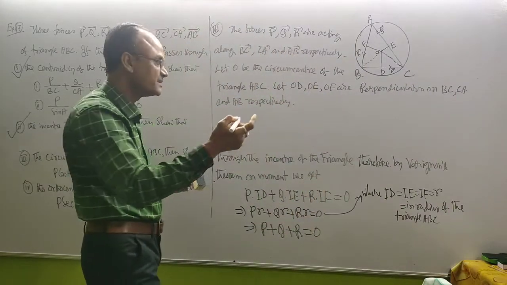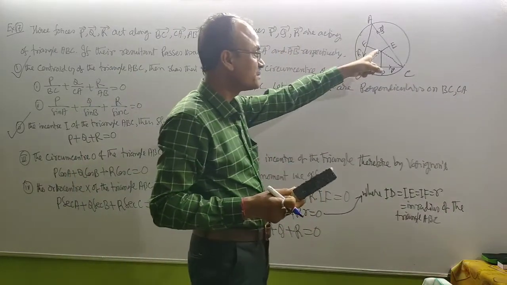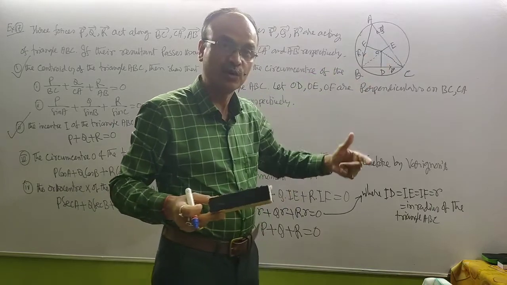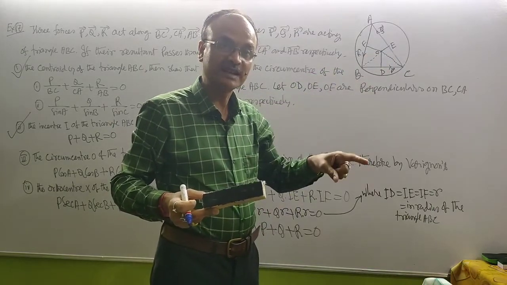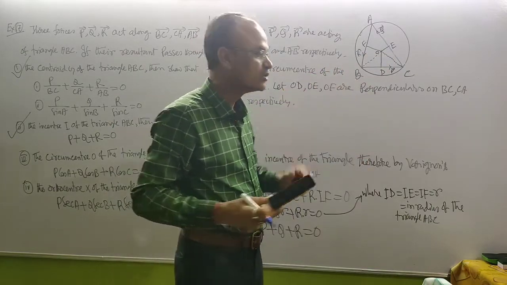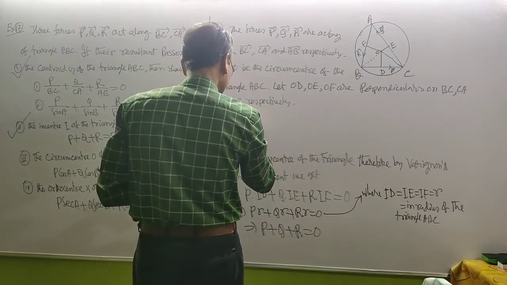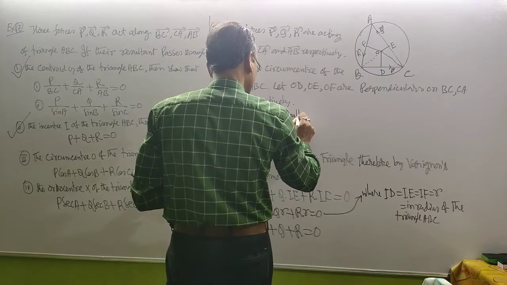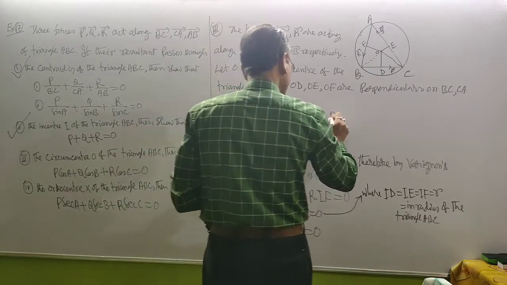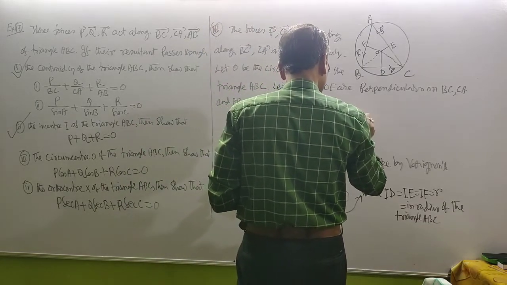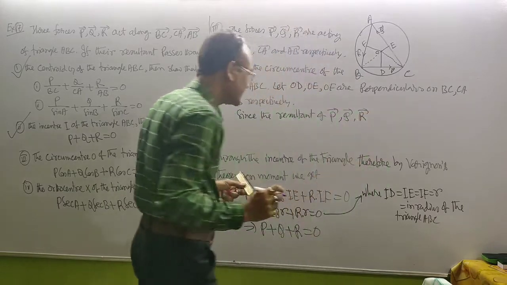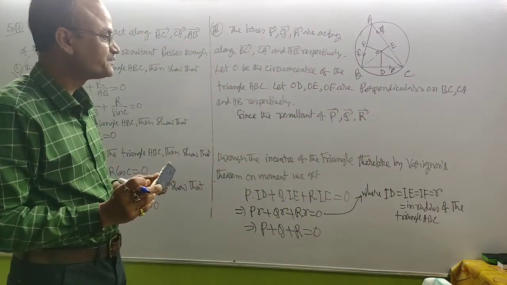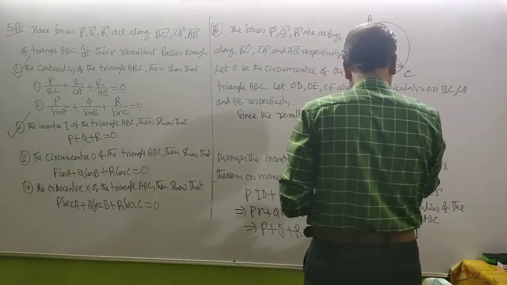Since the resultant of P, Q, and R passes through the circumcenter O of the triangle, therefore the moment of the resultant about the point O is equal to 0.